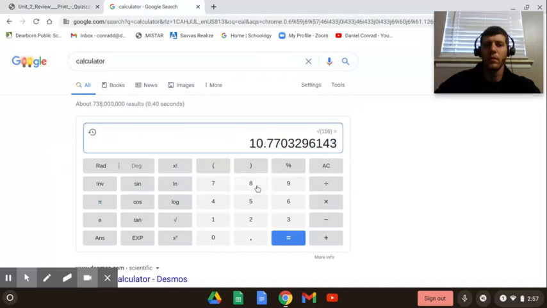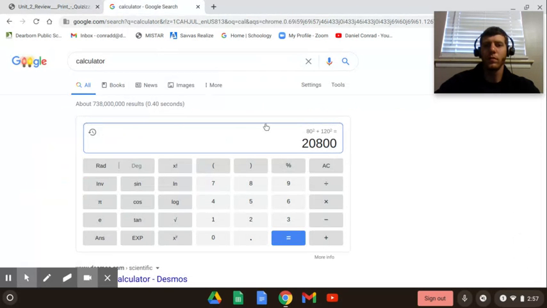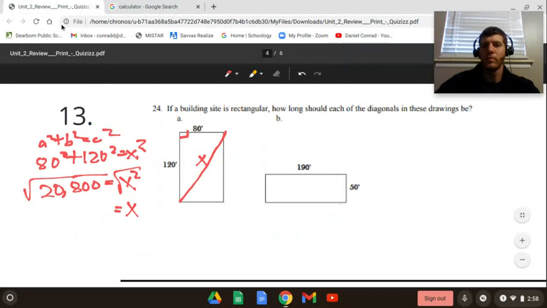So 80 squared plus 120 squared is going to be 20,800. Then you got to take the square root of both sides. So square root of 20,800 is going to be 144.2 feet.